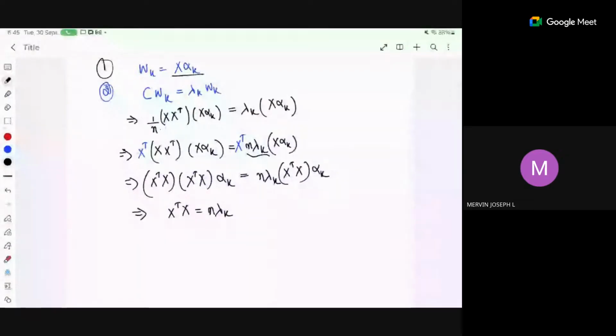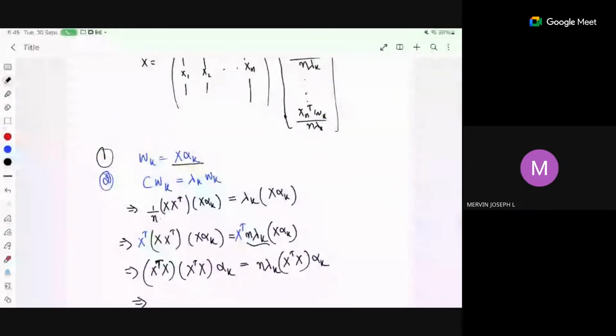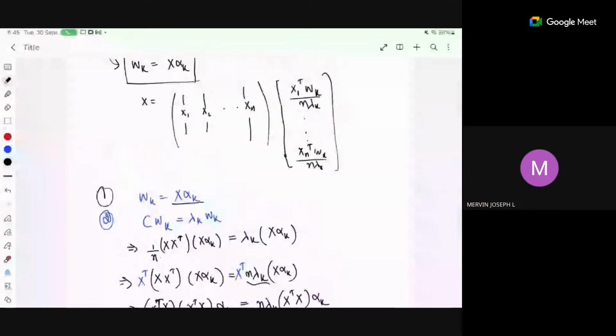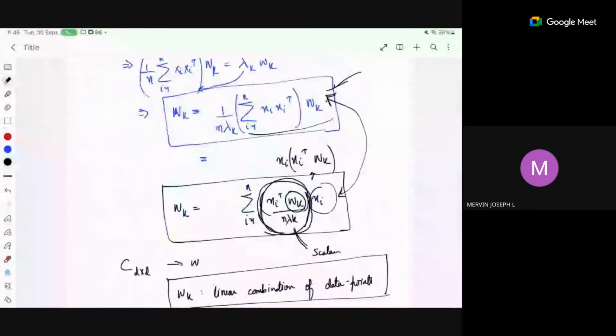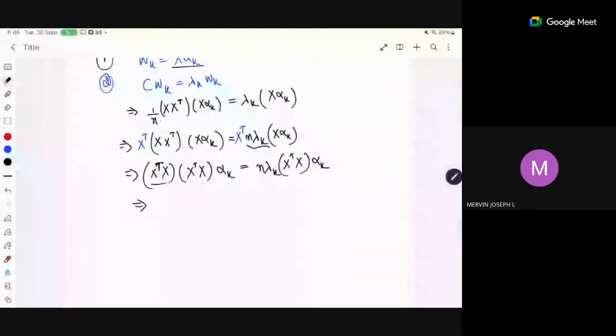Or, not okay. Let's not remove this alpha k, we'll need that. See this X transpose X matrix, are you familiar with it? We had started with our covariance matrix. So let's just call this X transpose X some K for now.